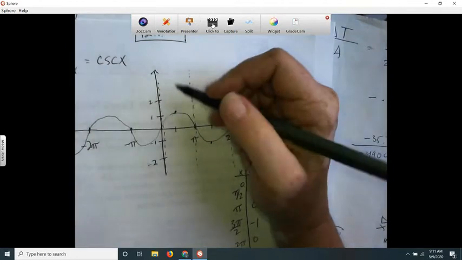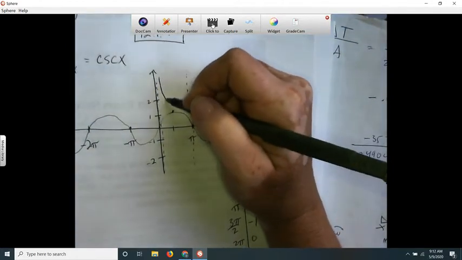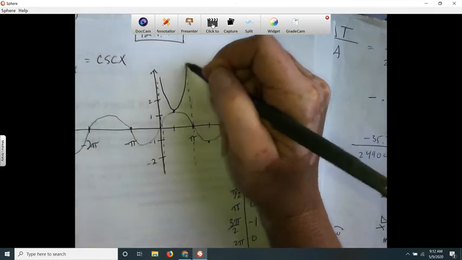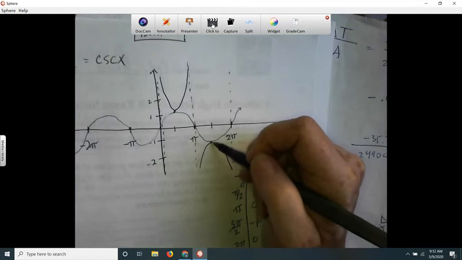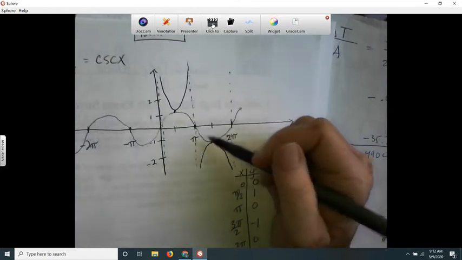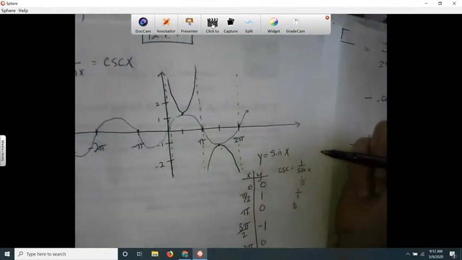And these are asymptotes, and so I know the graph of cosecant ends up just looking like these U shapes. It always has a point at the 1s and the -1s, and it has asymptotes wherever sine is 0.